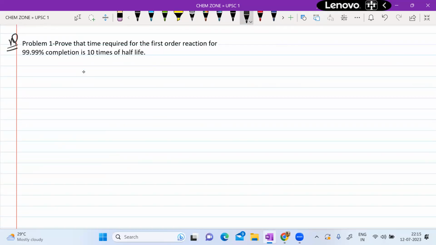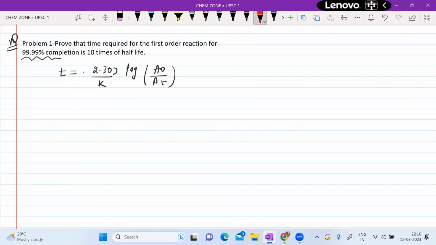See, this is the maximum percentage of first order reaction which can be achieved. So for a first order reaction, we can say that T is equal to 2.303 by K log A naught upon A_t.